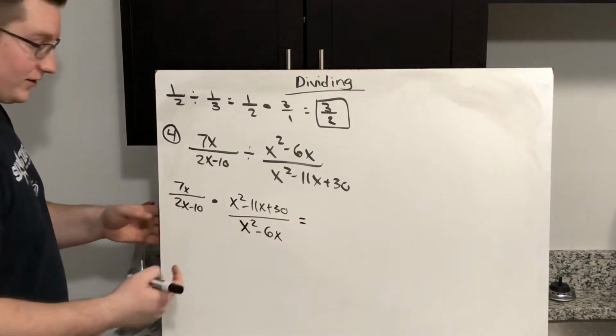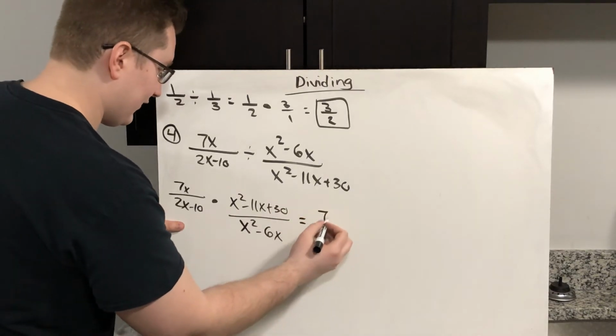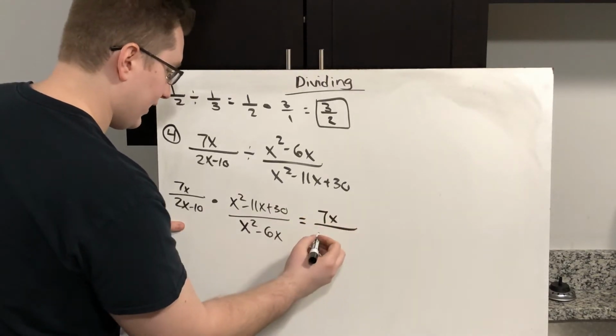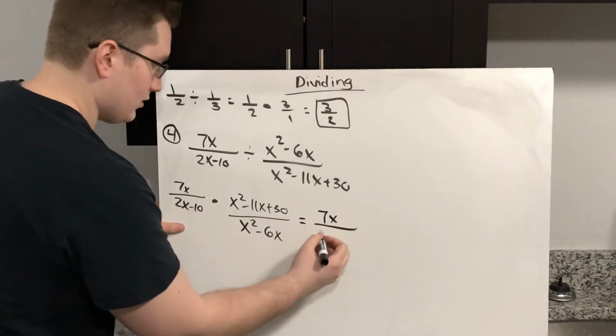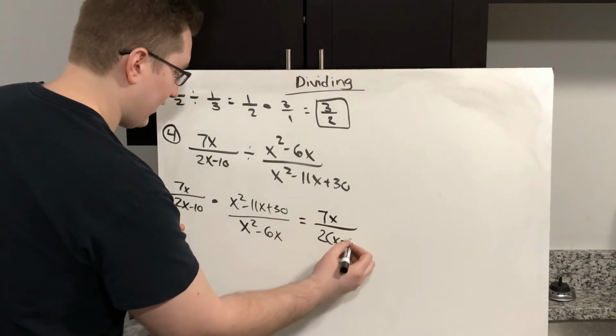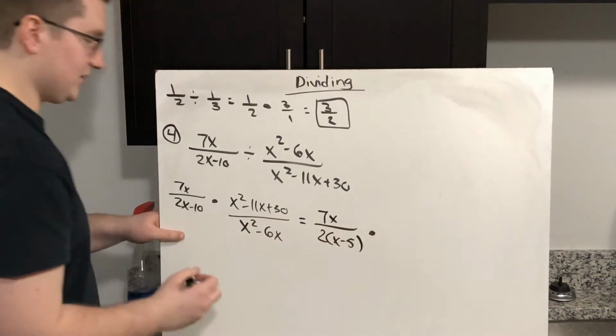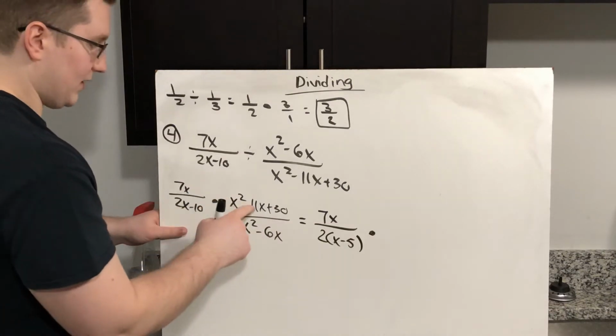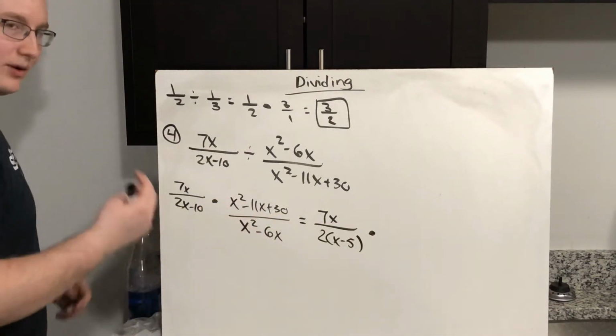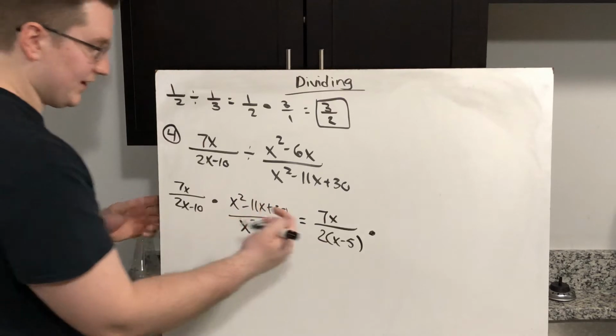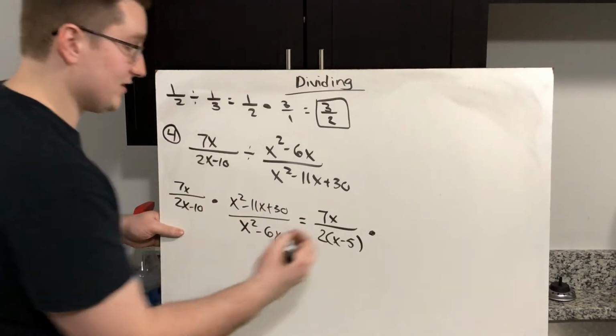I have to factor. I have 7x, and I can factor out a 2 here, and I have x minus 5 on the bottom, times, I have x squared minus 11x plus 30. I need two numbers that multiply to positive 30, add to negative 11, negative 5, negative 6.